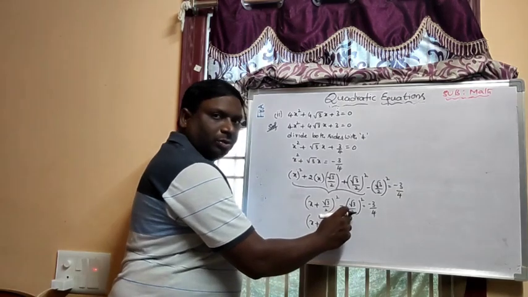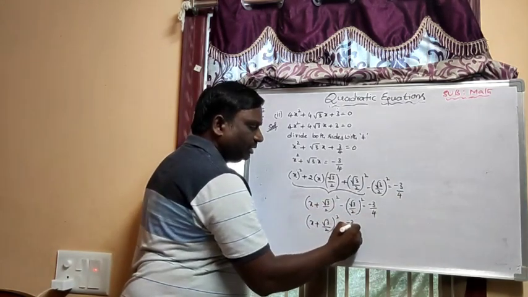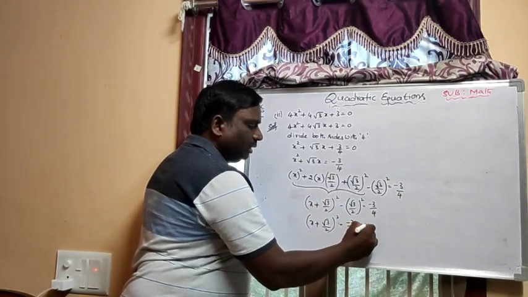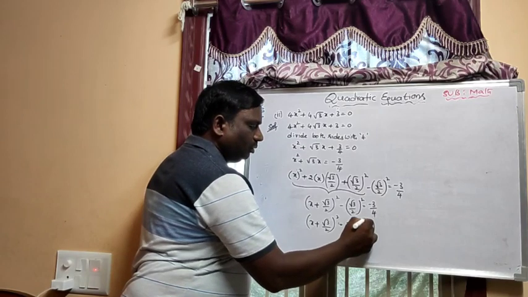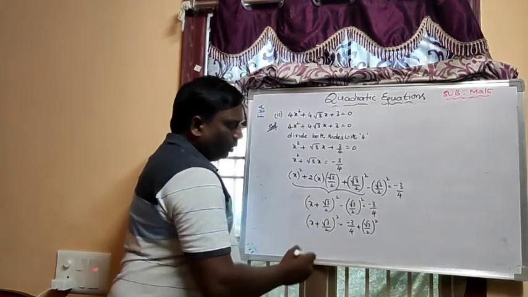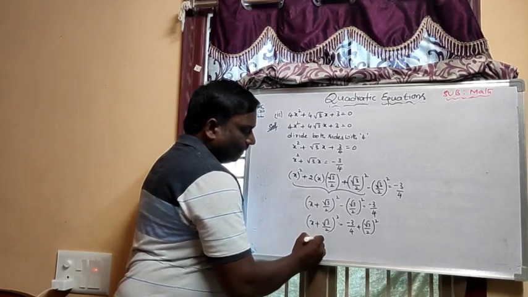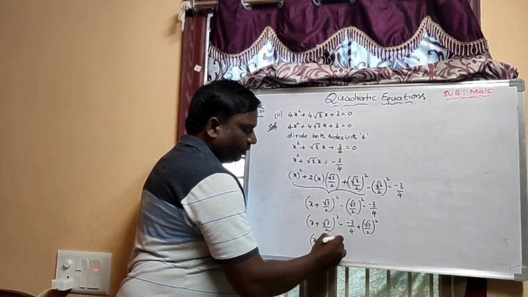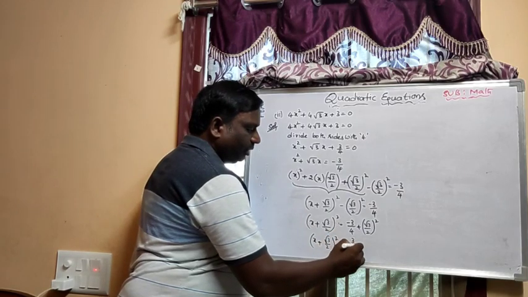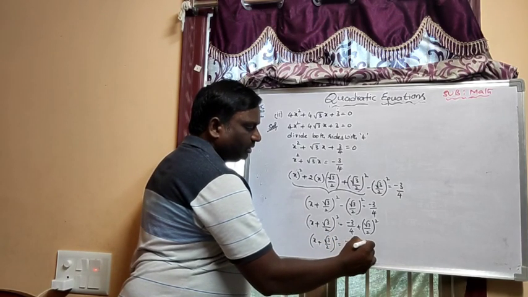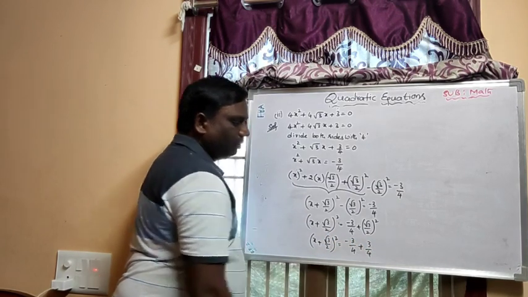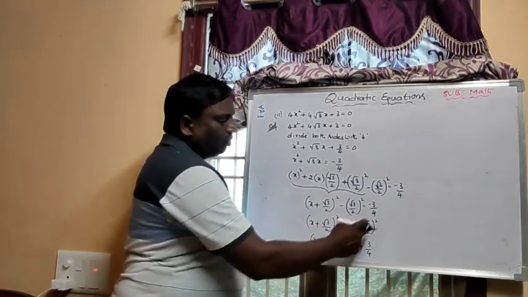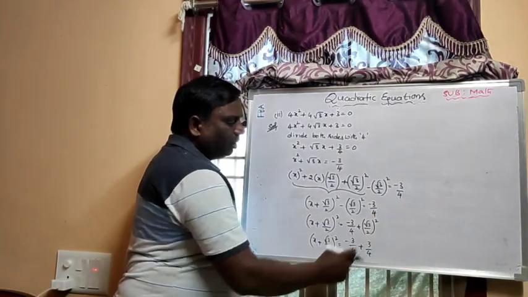So this term we need to take to the other side: x plus root 3 by 2 whole square equal to minus 3 by 4 plus root 3 by 2 whole square. So now, I'm doing the simplification here: minus 3 by 4 plus root 3 whole square is 3, 2 2s are 4.